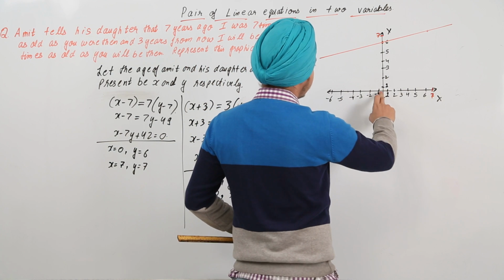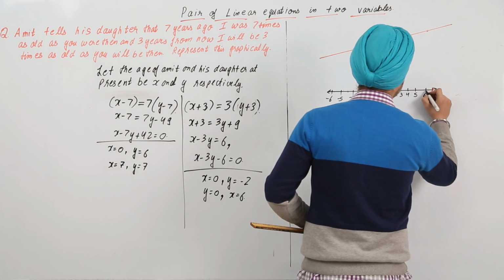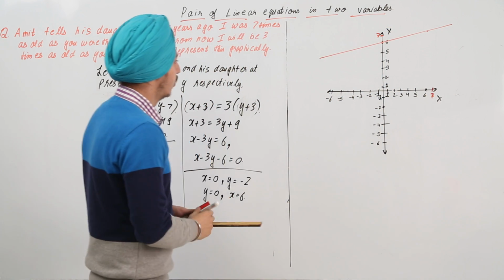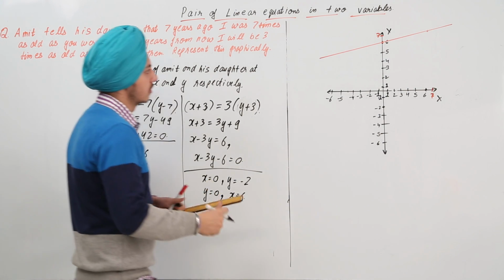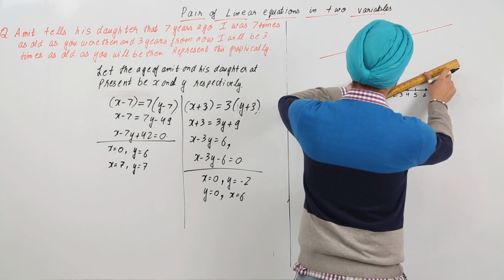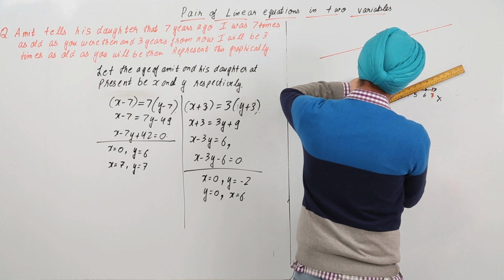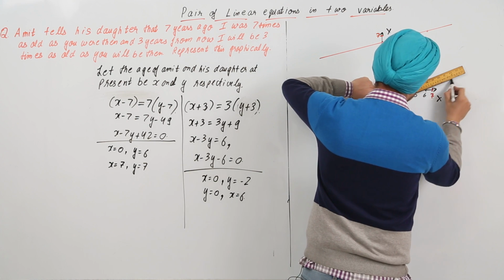So this line is over here. So we join these 2 points also. Correct?